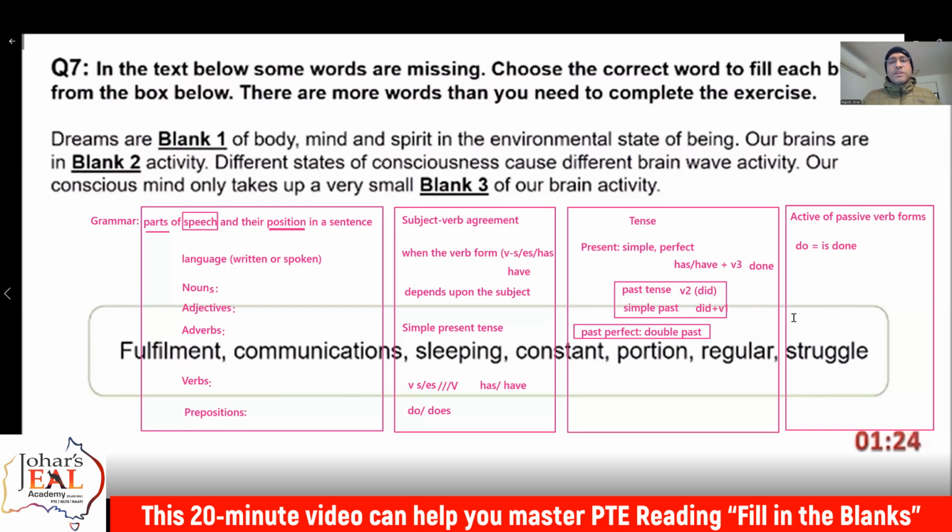Something is done. I do something, something is done. So it's a passive verb form. We'll talk about it, don't worry right now. For example, is doing is present continuous; if you simply say is being done, it's a passive verb form.